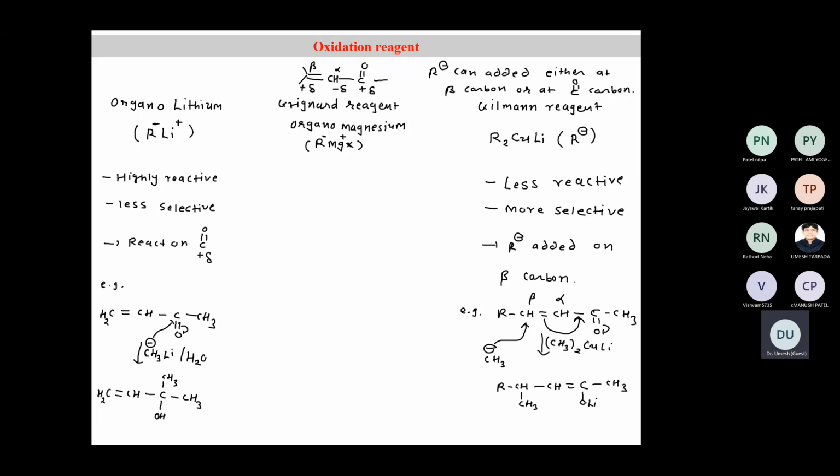Hydrolysis will give you OH, and then tautomerism shifts the hydrogen to here.